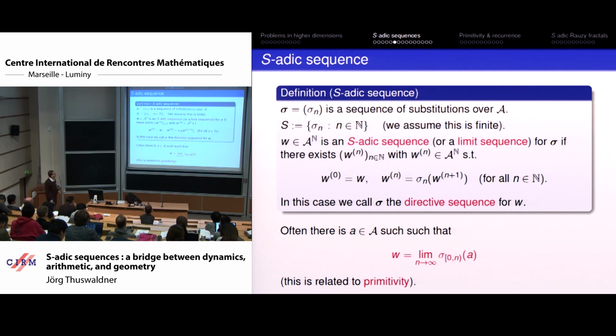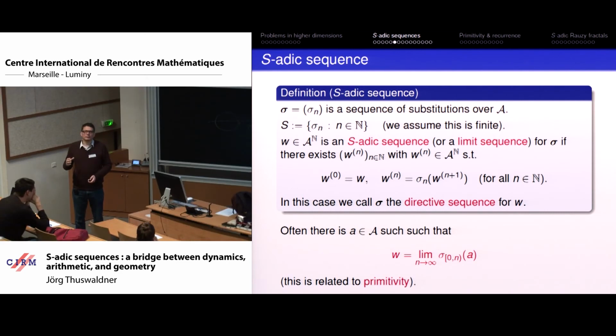And now you also saw this. I define S-adic words. S-adic words are words that can be desubstituted infinitely often. We had to prove this for Sturmian words. Now we just assume it. We want to deal only with words that have the property of being able to be desubstituted as often as we wish, infinitely often.